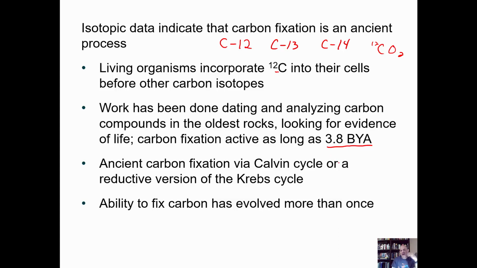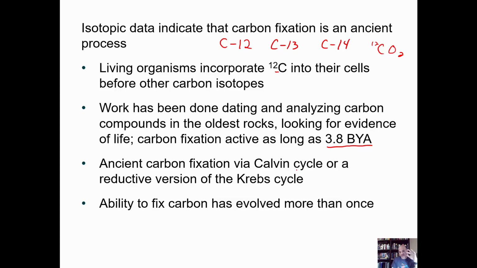So when we look at ways in which carbon may have been fixed, we look at clues from life forms we see today. It seems that today's modern bacteria run a metabolism called the Calvin cycle, which we studied in photosynthesis in your 1406 course or your Biology 1 course.